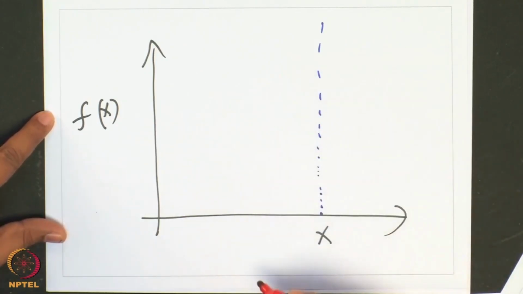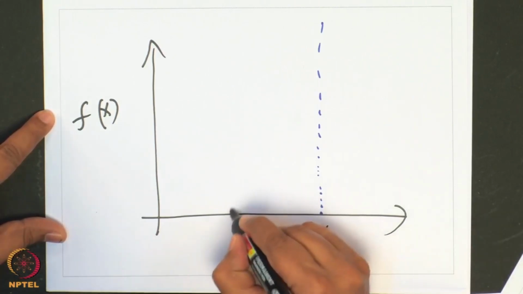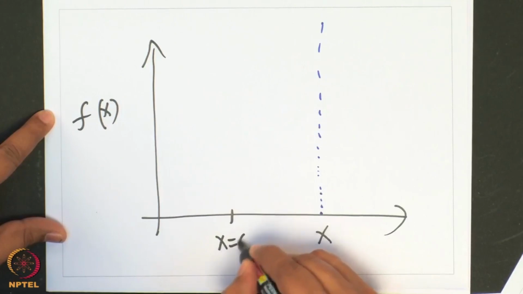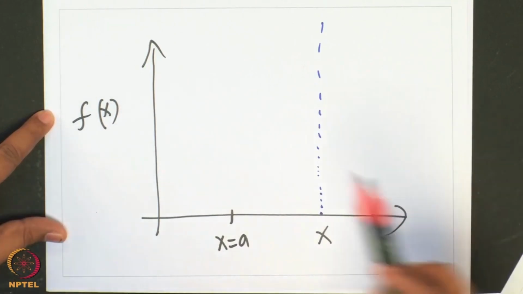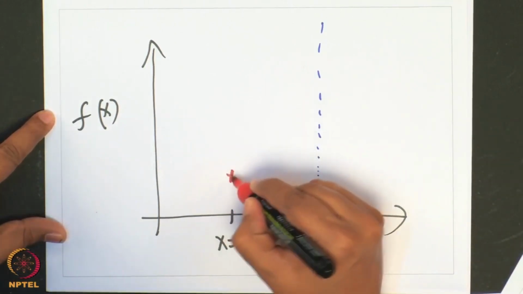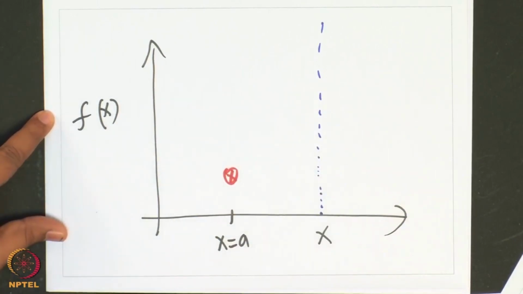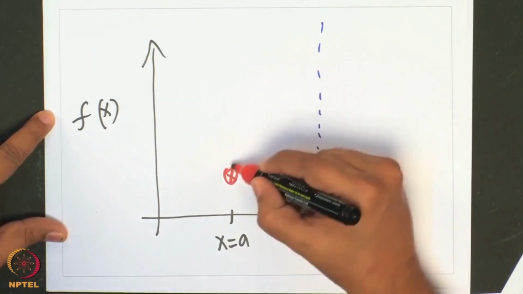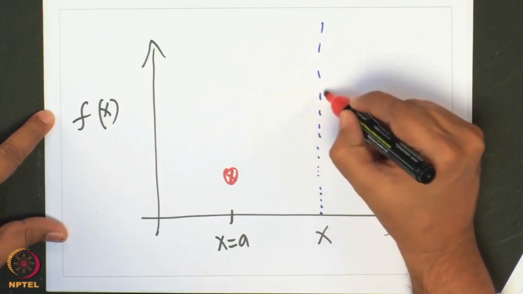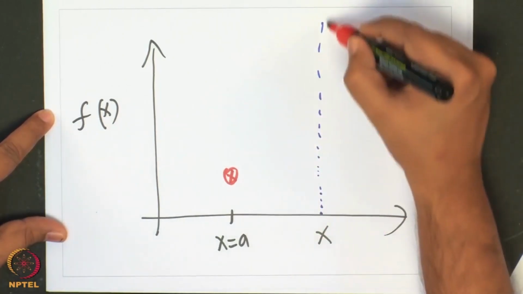But we can know that if I know the value at some other point, which is x equal to a. If I know that at x equal to a the value is this, then the function could be here or here, it could be anywhere on this line.